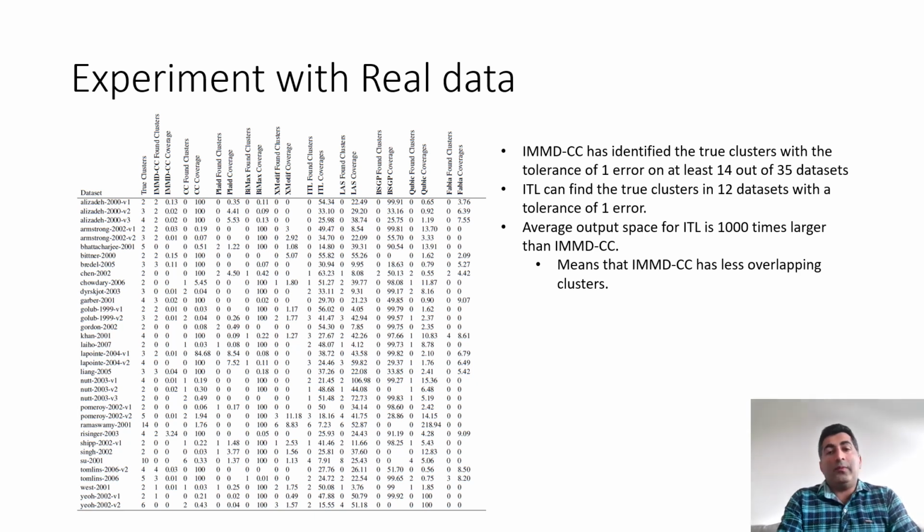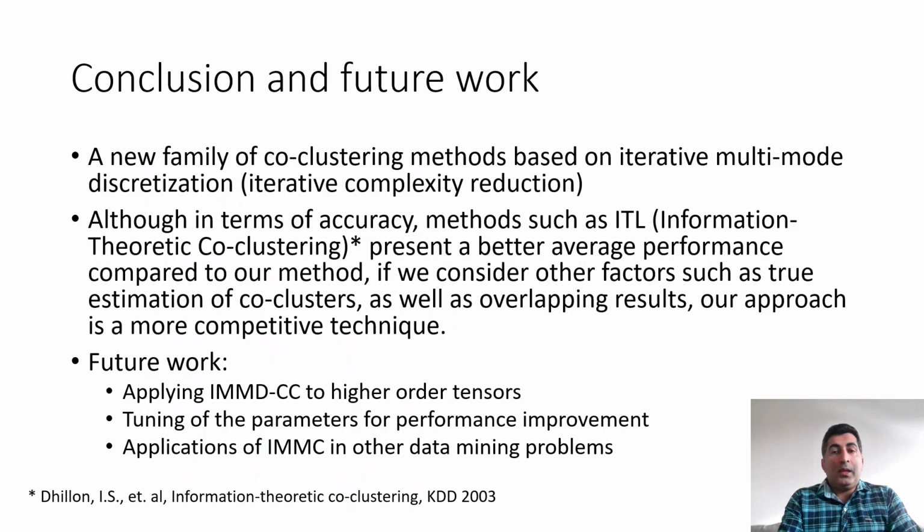However, what makes our method more competitive is that the output space is much smaller than ITL, because ITL also provides clusters with overlaps. So the output solution is 1,000 times larger than our method, which means that our method provides a more efficient way for finding co-clusters.